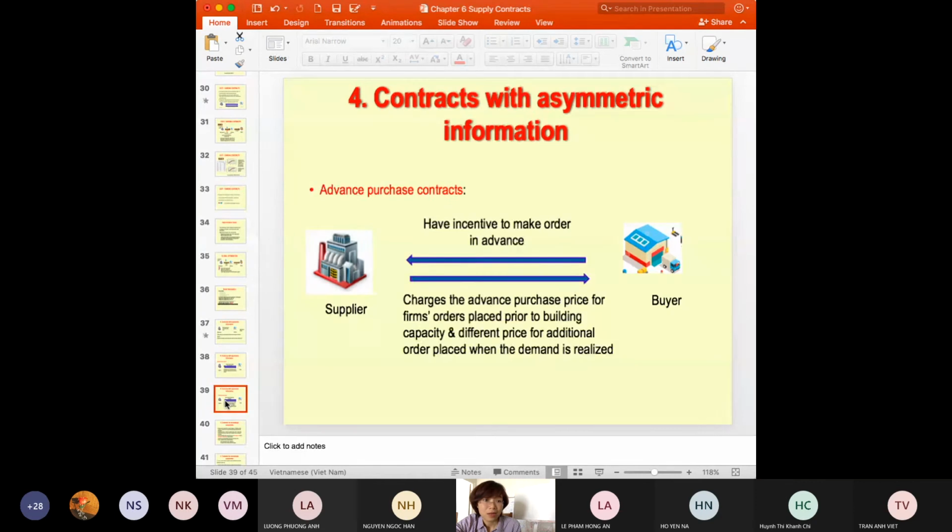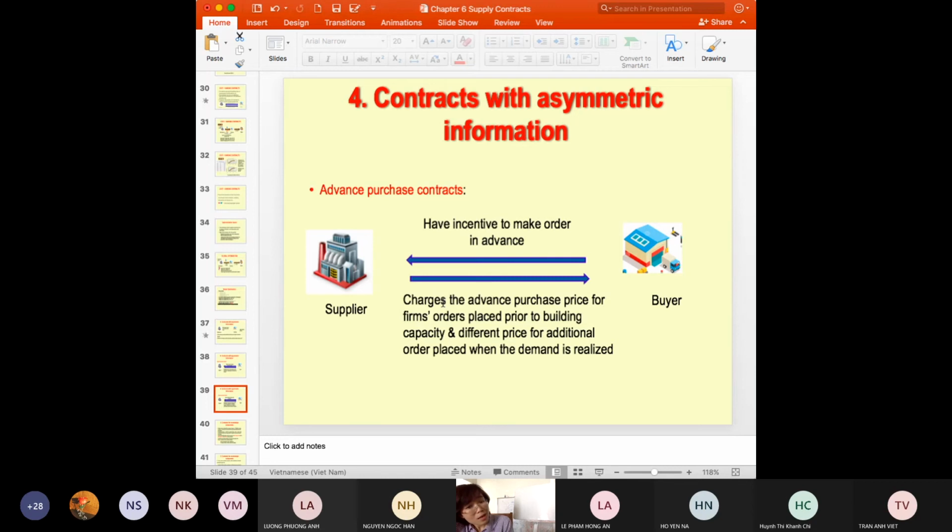Okay. Another one is the advance purchase contract. Advance purchase contract means the supplier charges an advance purchase price for the firm order placed prior to building the capacity, and a different price for additional orders placed when the demand is realized.